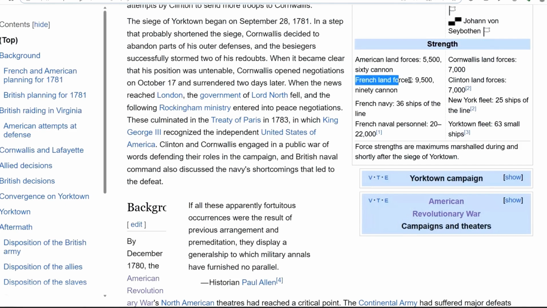French land forces 9,500 and 90 cannon. French Navy 36 ships of the line and 22,000 personnel. So it looks like there were 6 times as many Frenchmen involved in this American victory as Americans.